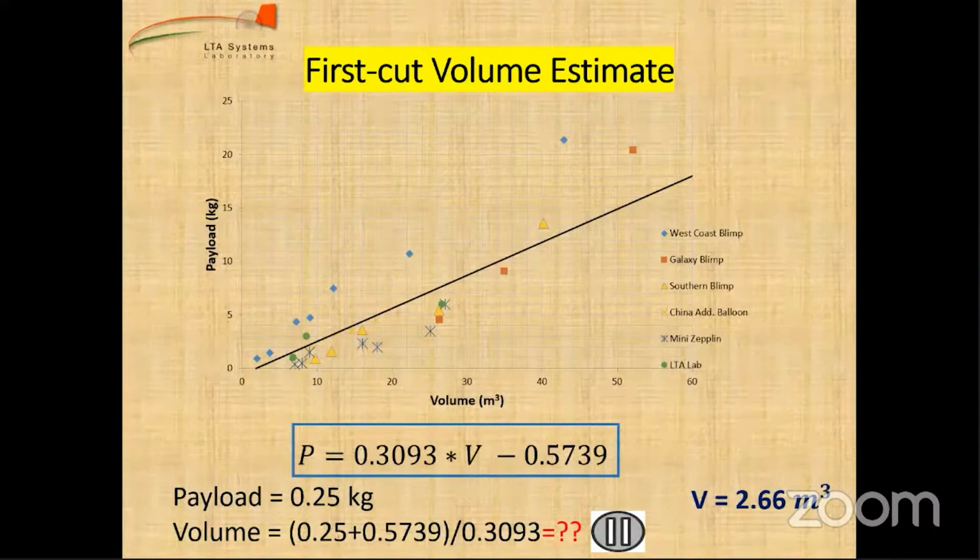Have a look at this graph and tell me why there is this deviation from the mathematical value. Feel free to unmute yourself and talk. Speed changes. But how will speed relate to volume?